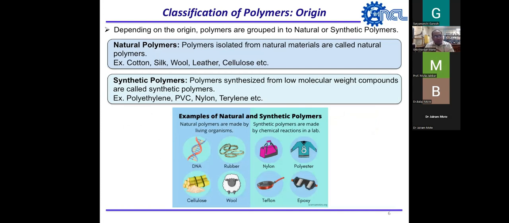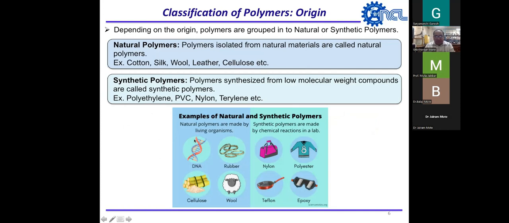Depending on the origin, polymers are classified into natural and synthetic polymers. As the word itself says, natural polymers are isolated from nature. The daily life examples of natural polymers are cotton, silk, wool, leather, and cellulose. Even in our human body, DNA is also a natural polymer.